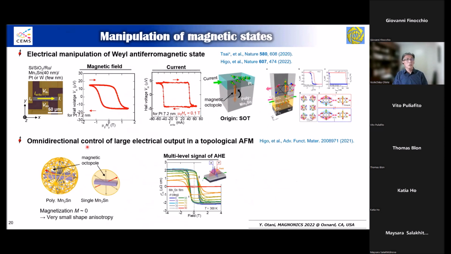Also, omnidirectional control of large electrical output in a topological antiferromagnet is available. That means even in polycrystalline samples we can have a very interesting response. In any direction, we can have a nice hysteresis loop, and we can have this kind of multi-level output. That's what we can expect from this material.